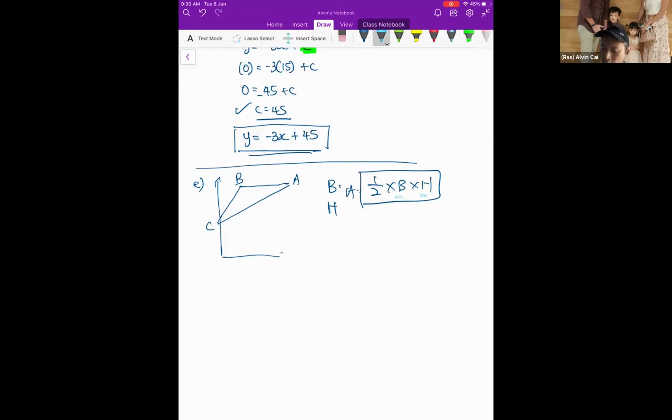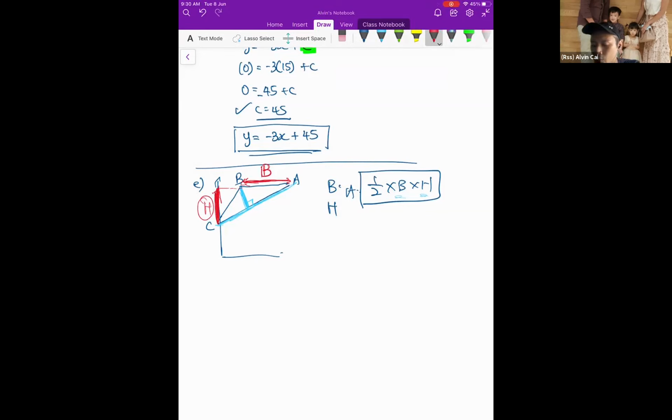So in this case, we try not to use this length and this length to find the base and the height, because it's too troublesome, or in fact we cannot find the base and height in this manner. So this is wrong. What we need to do is always try to use the vertical and the horizontal lengths. So in this case, the height should be here. The base should be the horizontal line, which is over here.